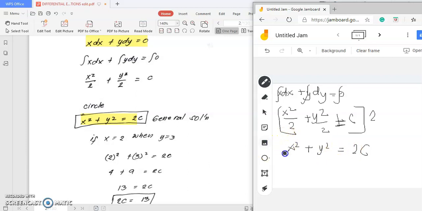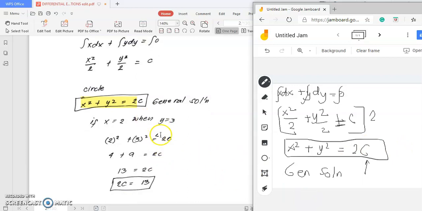So therefore, this is your general solution. General solution because of this arbitrary constant. Okay, I will write it again because it is hard to write on the screen using the mouse.